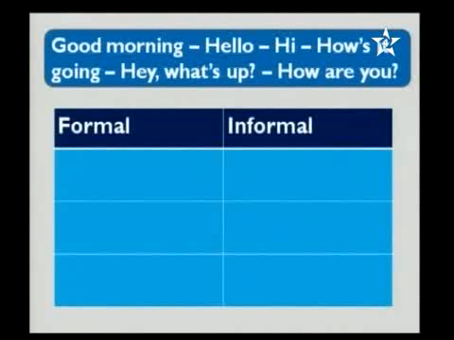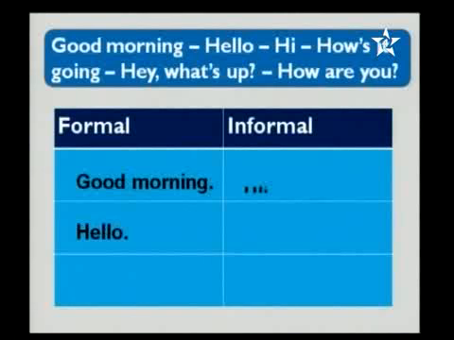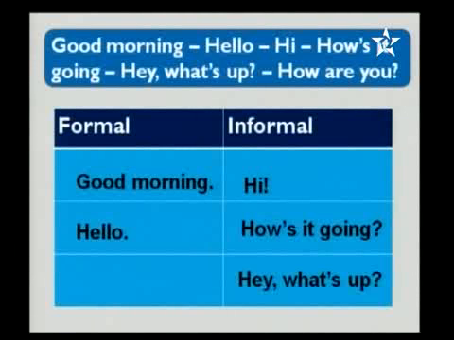So let's do it. Good morning, formal. Hello, formal. Hi, it's informal. How is it going? Informal. Hey, what's up? It's informal. And how are you? This is a formal formula.